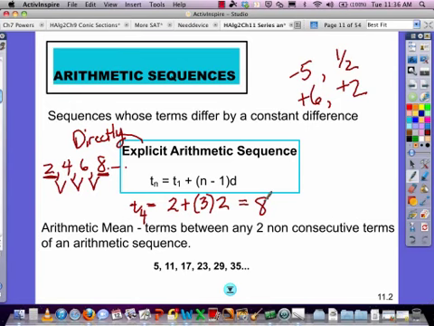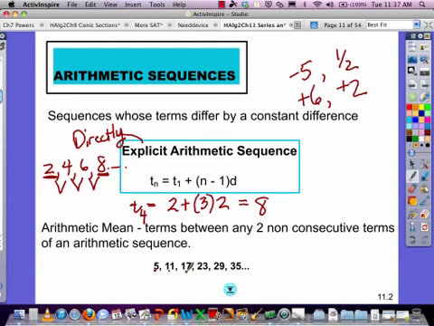Now, an arithmetic mean. Look at the sequence that's here. Arithmetic means are terms between any two non-consecutive terms. So if we have an arithmetic sequence, 5 and 11 are considered to be consecutive, but 5 and 17 are not. So 11 would be considered the arithmetic mean between them.